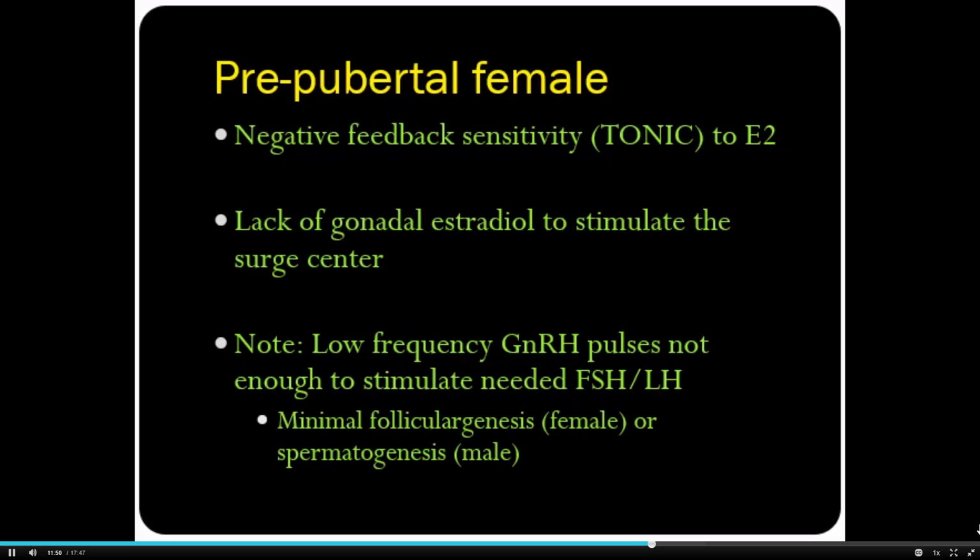The tonic center of the hypothalamus has a negative feedback sensitivity to estradiol. So whatever estradiol is there is negatively impacting the hypothalamus, thus decreasing GnRH release. And really, what it's doing is essentially not allowing for GnRH to be frequent nor at a very high pulse rate.